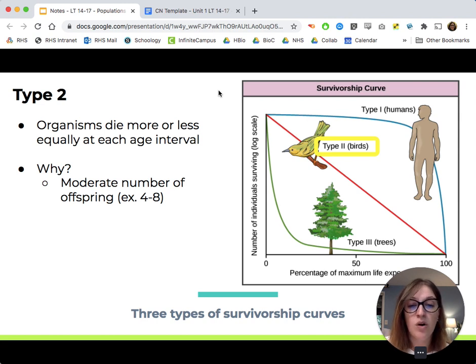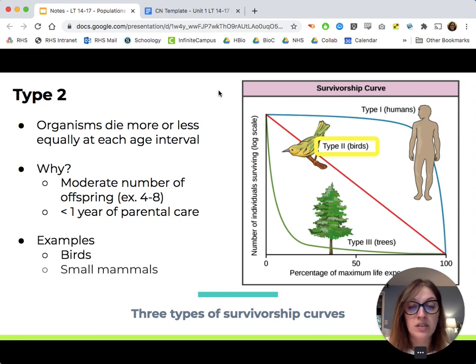Usually it's like 4 to 8, sometimes upwards of 12 babies, and there's a little bit of parental care provided, usually less than 1 year. Examples would be birds, small mammals like cats and dogs, and rodents. Some reptiles too, very rare, but sometimes reptiles. And that's the type 2 survivorship curve.